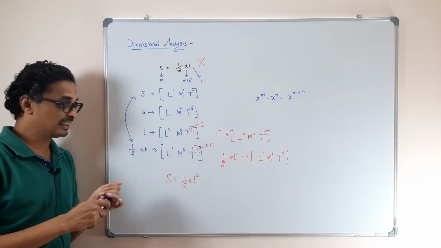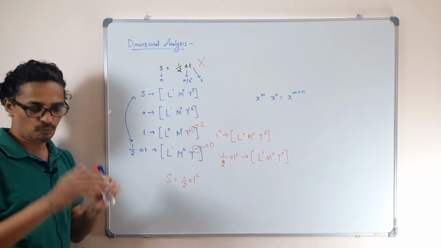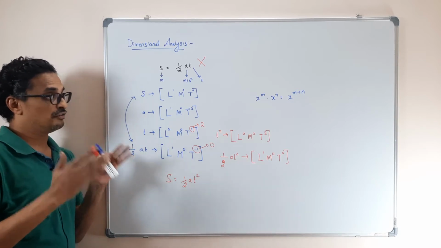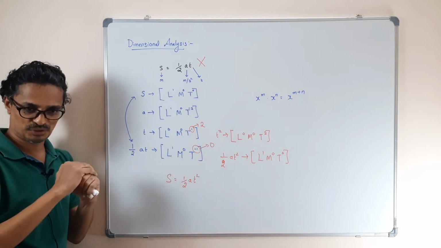So the dimension analysis. Even in the future, for any physical problem we use, the first step is always to check whether the dimensions on the LHS and the RHS are both the same.